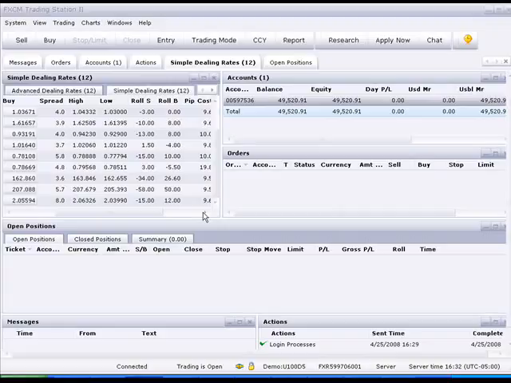The important thing to understand, however, is that all you need to do to know how much you will either pay or receive for holding a position past 5 p.m. New York time is look in the Roll S and Roll B columns of the platform. As you can probably tell from this lesson, because interest rates cause currency traders to either earn or pay money for holding positions, they have a dramatic effect on the value of currencies, something which we will talk more about in our next module.